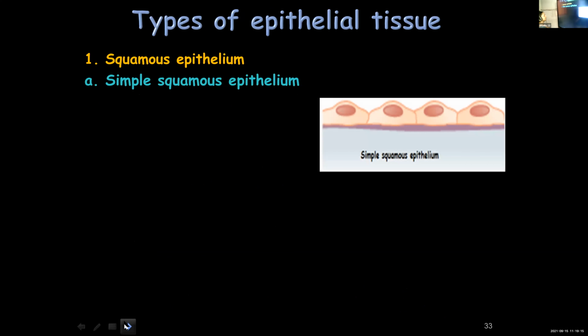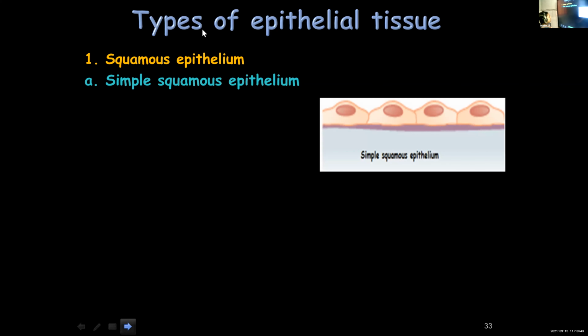Now we will see the different types of epithelial tissue. First one, squamous epithelium or squamous epithelial tissue. Squamous epithelial tissue are of different types. The first type of epithelial tissue is squamous epithelium, which is further subdivided into different types.